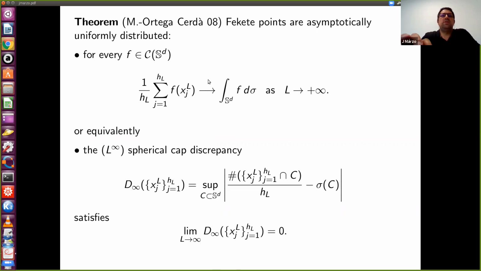If this is the definition, it is equivalent to this fact: the spherical cap discrepancy goes to 0 when L goes to infinity. You can imagine that a way to measure the good distribution of a family of points is to control the velocity of this. But the main point is that these points are asymptotically uniformly distributed, and therefore the intuition comes now.